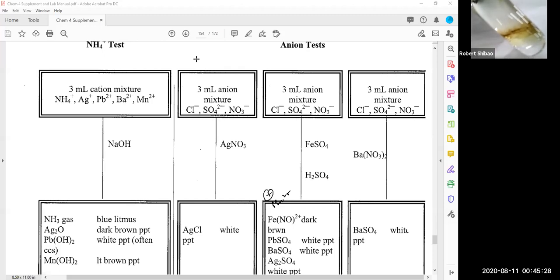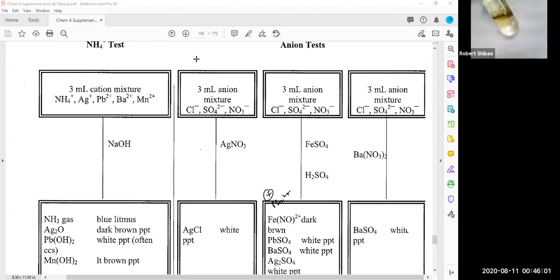Anybody? It's not a precipitate. It's a liquid layer. It's actually a liquid, aqueous. It's just because there's heavy syrup on the bottom and then this lighter green layer on the top.